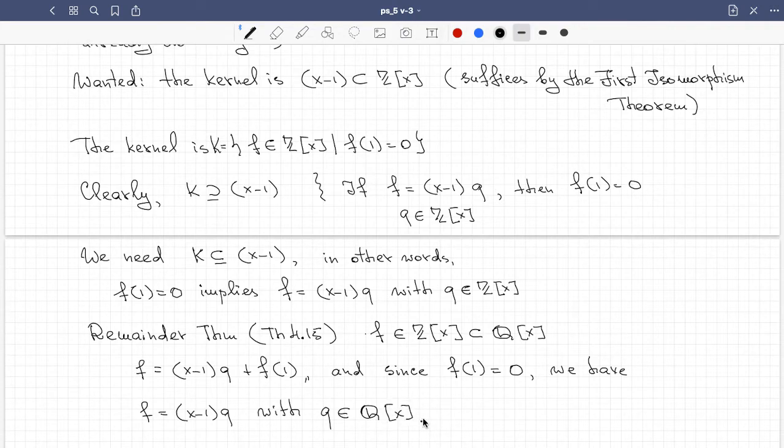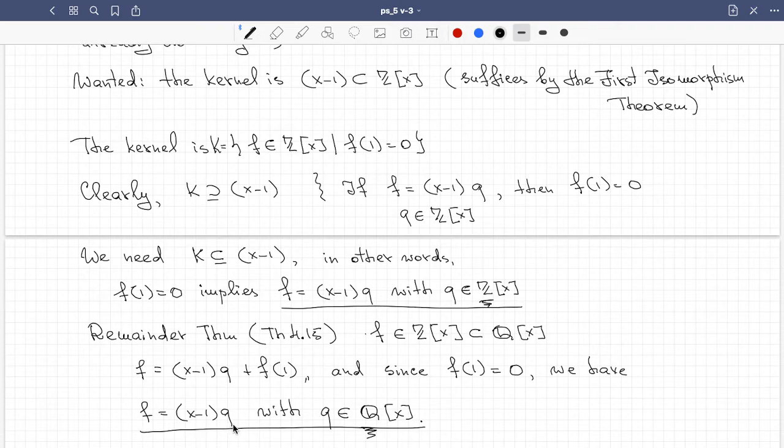And that is what I wanted to address here, why I at all wanted to discuss this problem with you. We are almost there, but we need f of 1 equals 0, and we need this one. That is all we need. What the remainder theorem tells us is this one, and the difference is here.